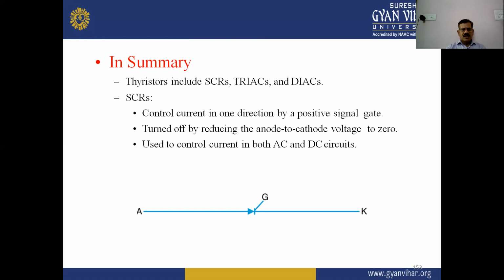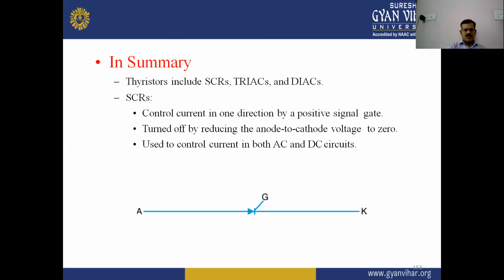In summary, thyristors include SCR, triac, and diac. That is also the thyristor family of devices. An SCR controls current in one direction by a positive signal at the gate.